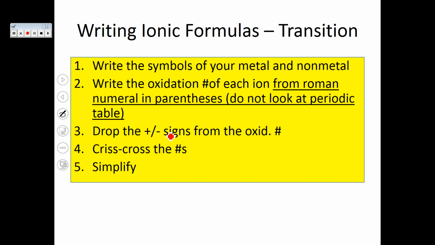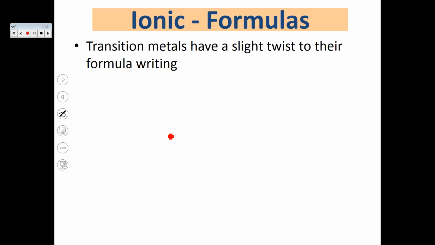So you know you have a transition metal because in the name you'll see this Roman numeral. That's sort of like a giveaway. You don't even need to look at the periodic table because the Roman numeral is given in the name for you. Then you're simply going to drop and swap like we did yesterday, and then simplify the subscripts if necessary.